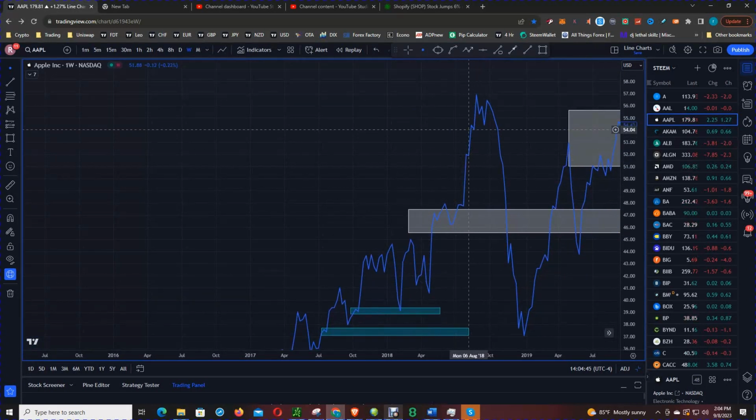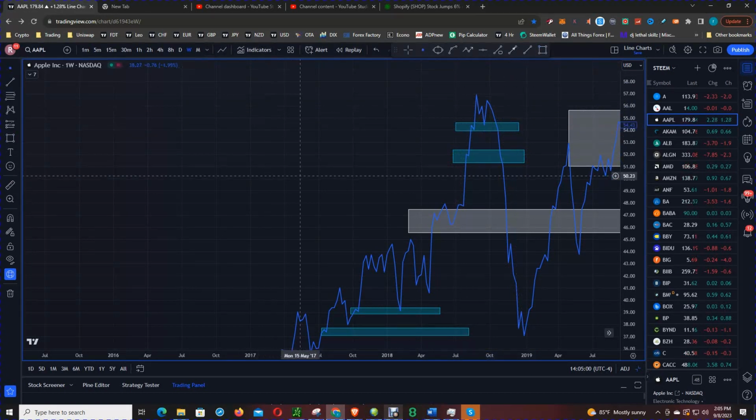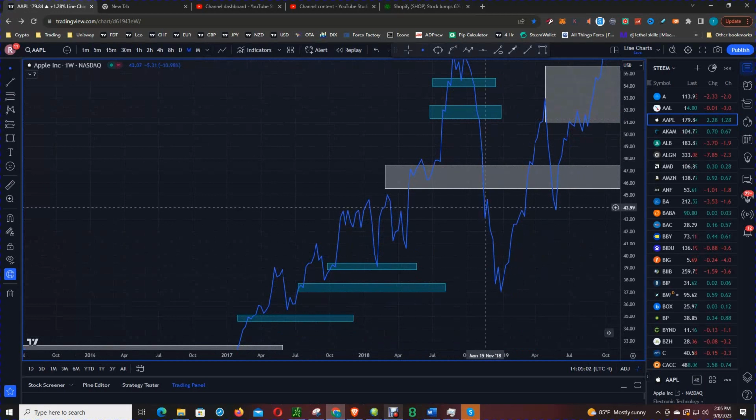Got two little zones here. Right, rally, base, rally. Rally, base, rally. Drop, base, drop. Rally, base, rally.